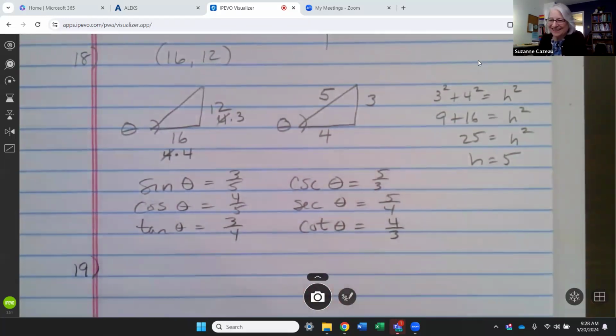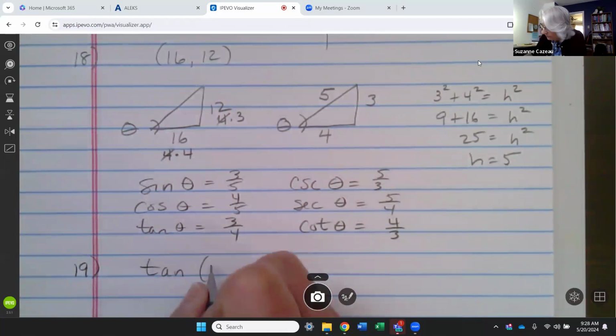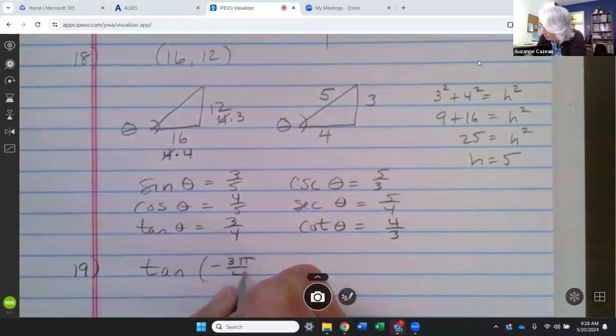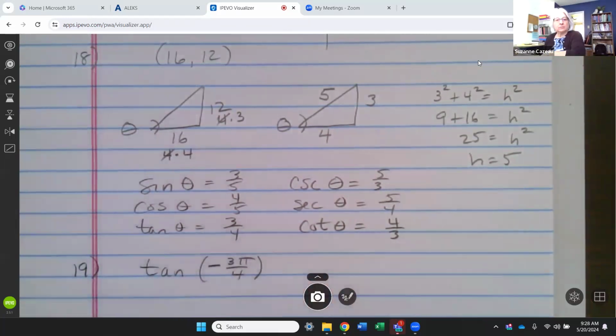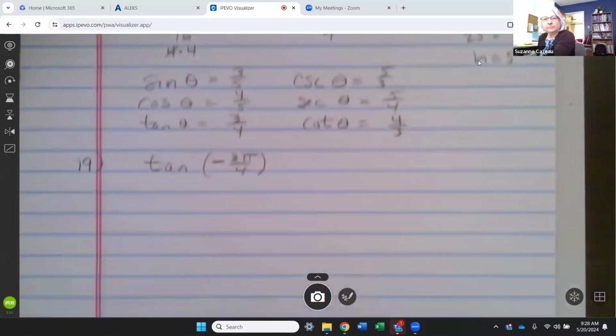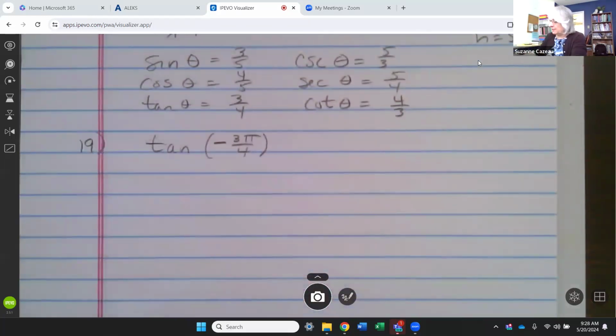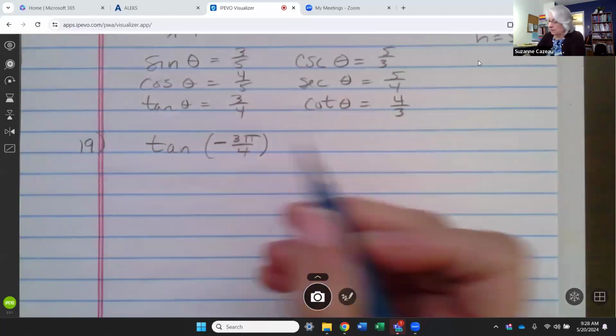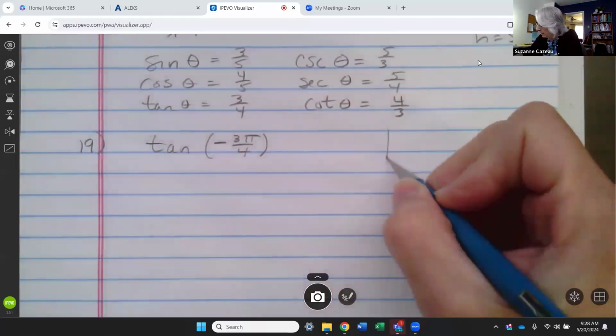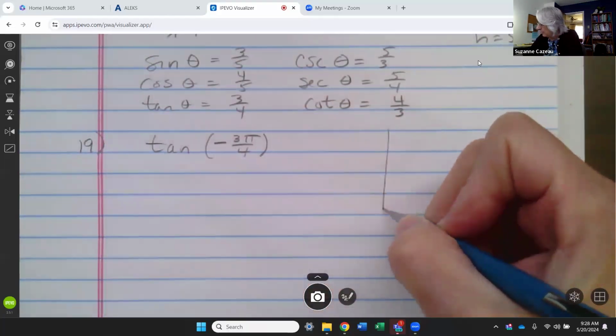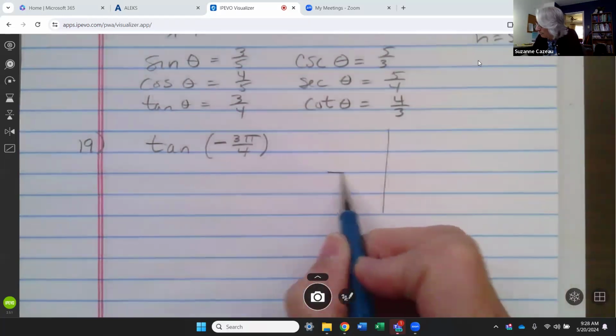Oh, number 19. We're getting there. Find the exact value of tangent of negative 3 pi over 4. So this just tells us the direction we're going. It doesn't have any bearing on whether it's positive or negative.